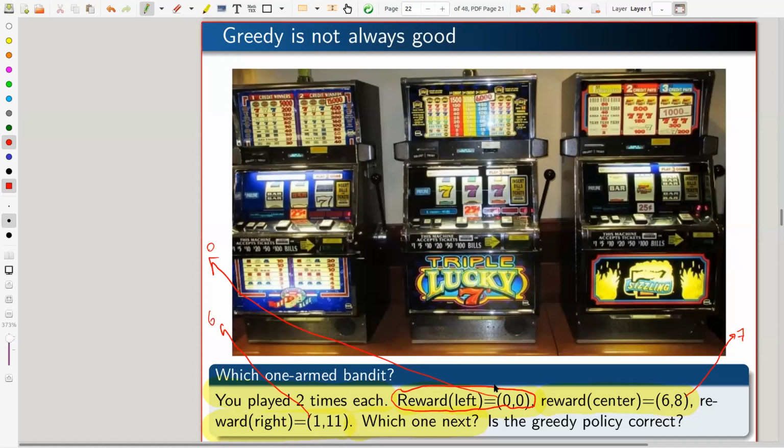What you were choosing was the greedy action, okay? You were always choosing the best action up to that moment. But you see, there is this apparent need of sometimes choosing an arm which is not the best one. Okay?